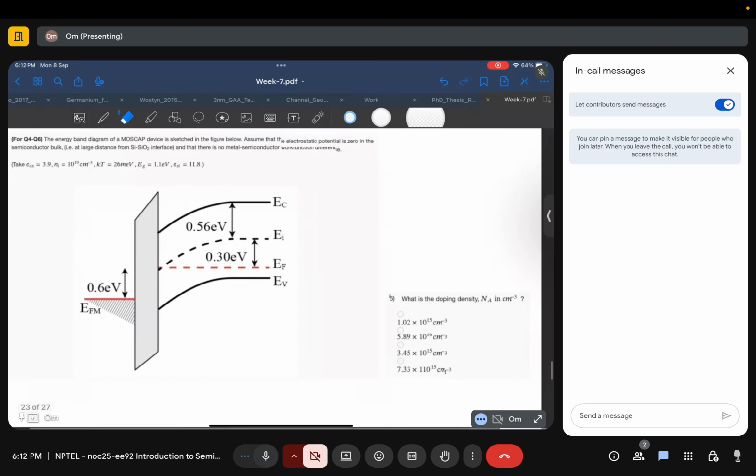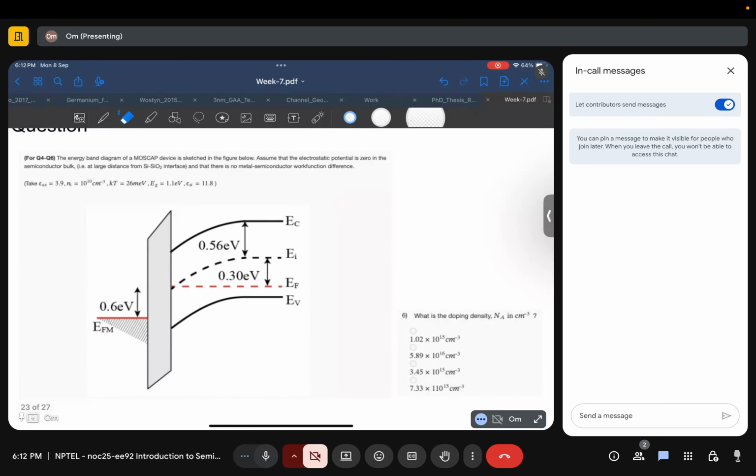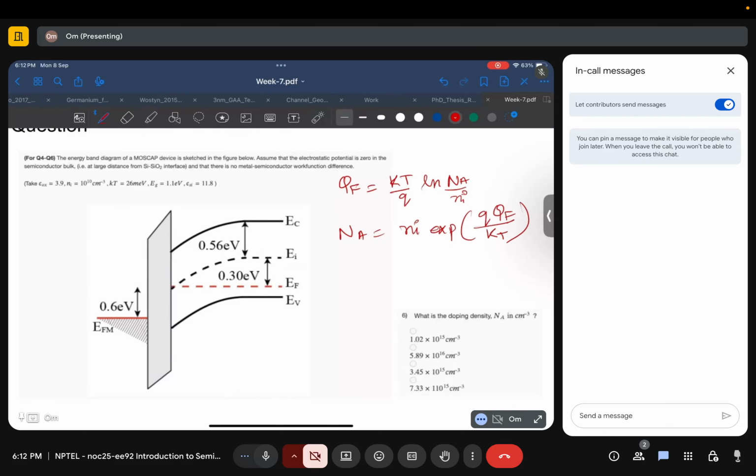Next one, what is the doping density Na in per centimeter cube? So this we can find from this phi f, right? Because phi f is kT by q ln Na by Ni. So Na will be Ni exponential q phi f by kT, which is 10 to the power 10 exponential 0.3 by 0.026.